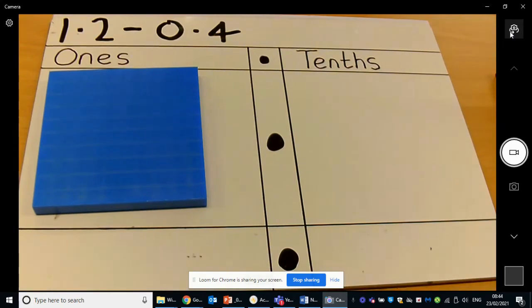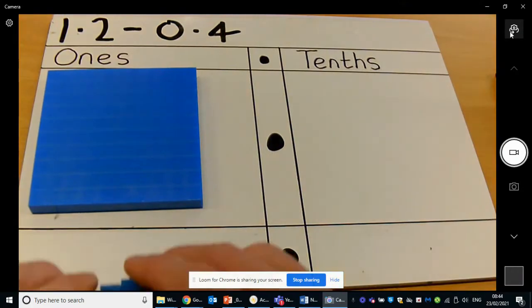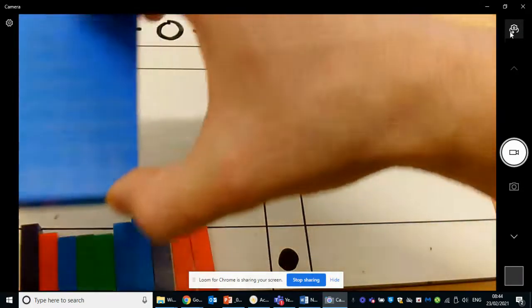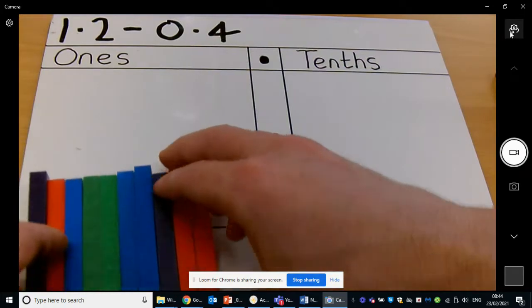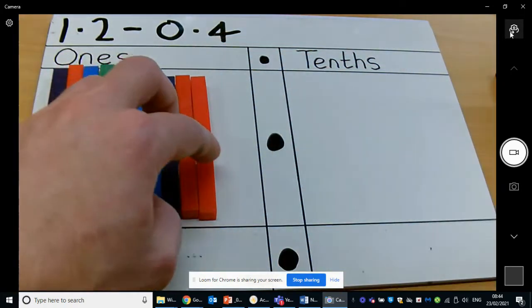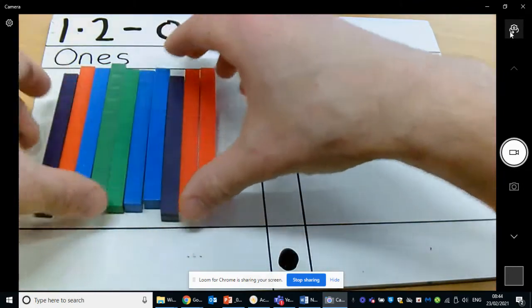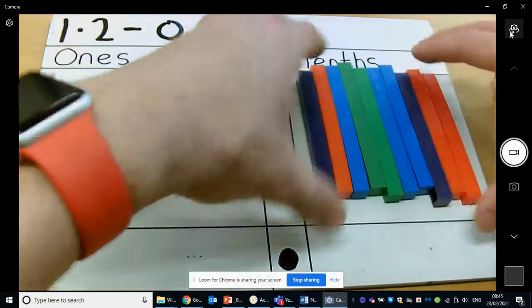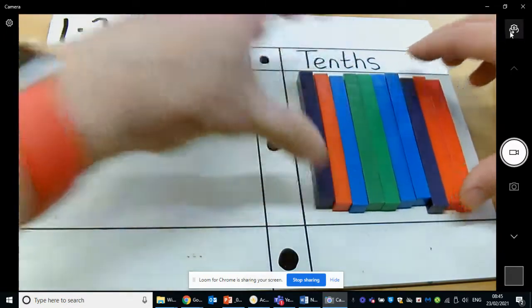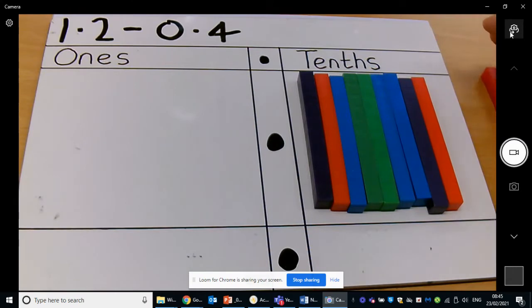So what I've got to do is regroup this one into 1, 2, 3, 4, 5, 6, 7, 8, 9, 10. But these don't belong there, so I have to move them over to our tenth side. And then I can remove our 0.3 and our 0.4.